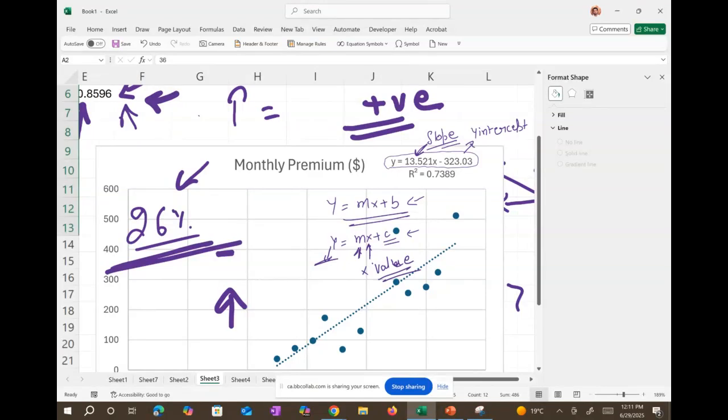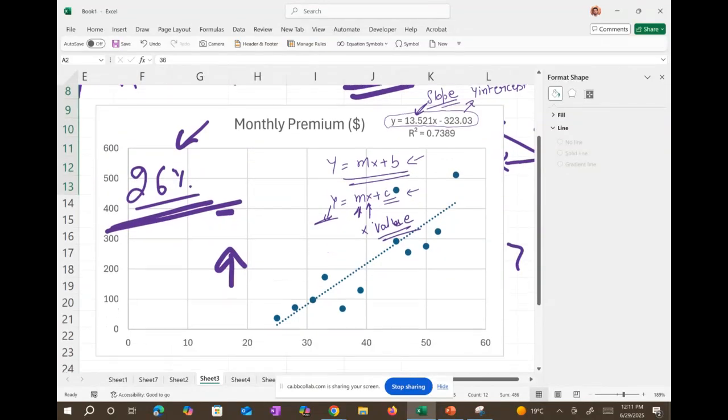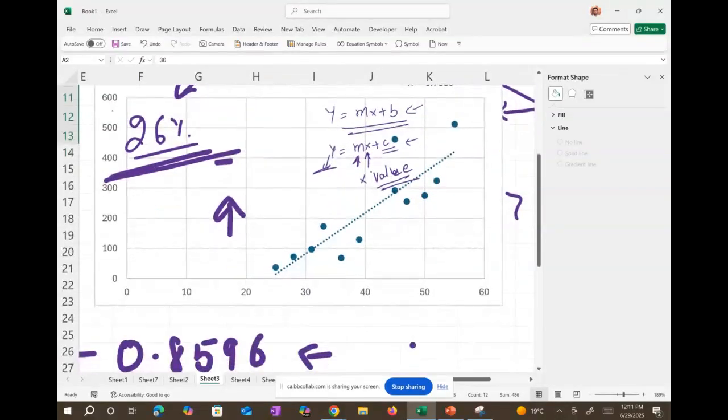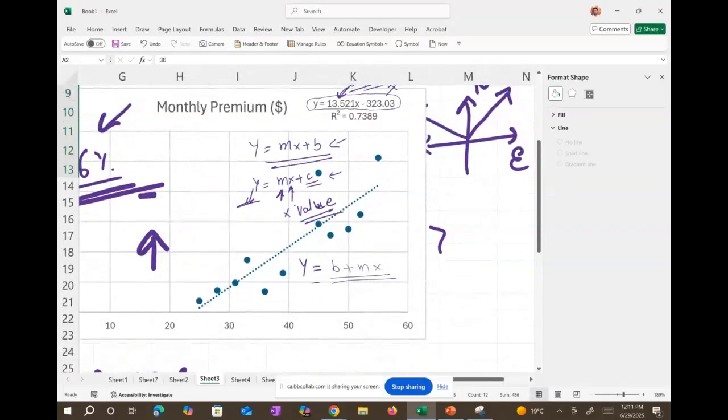Now, first of all, in your book, the equation can be written like b plus mx. So please make sure you don't confuse yourself. They've written it the other way around. So this one is mx plus b.